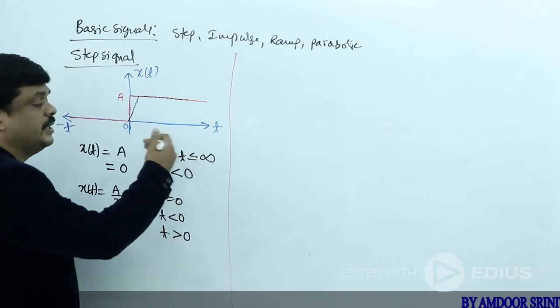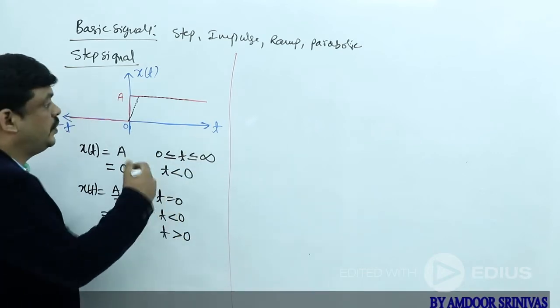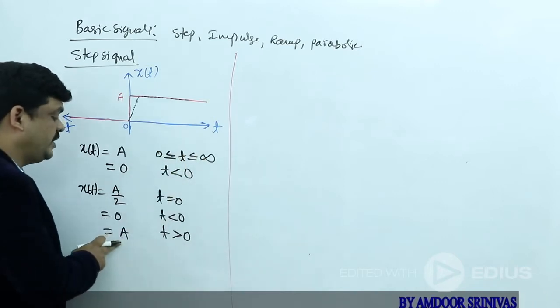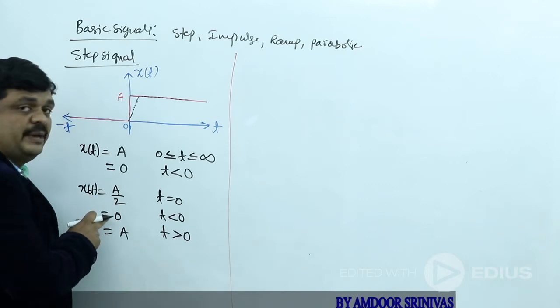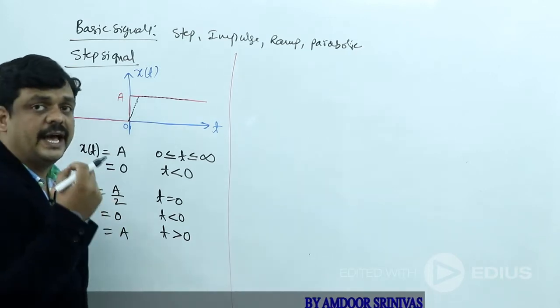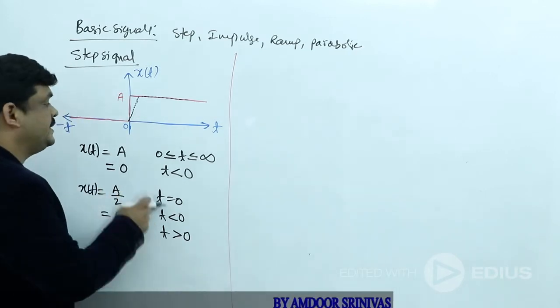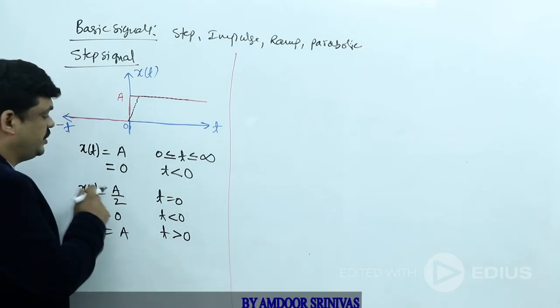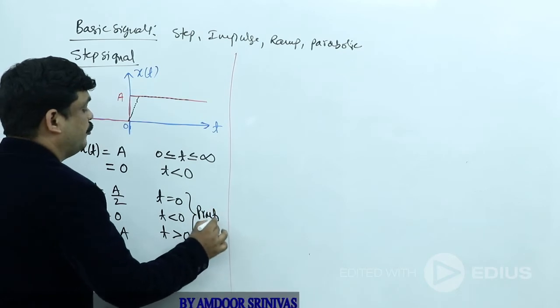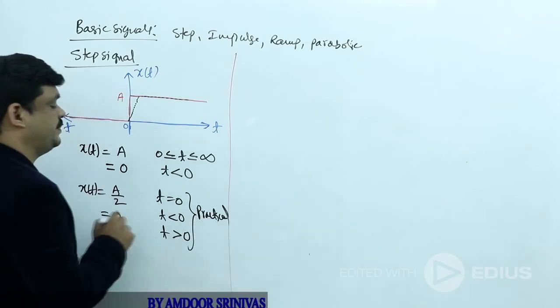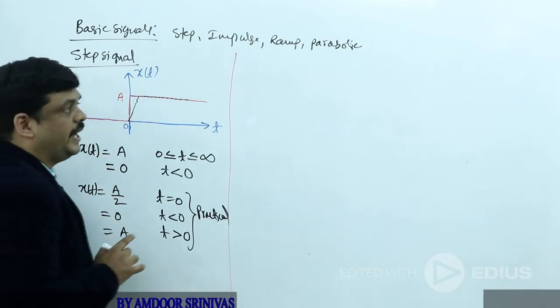Greater than 0 means 0 plus onwards. So 0 plus onwards the amplitude is A, exactly at time equal to 0 the amplitude is A by 2, and for t less than 0 the complete amplitude is 0. So this gives the practical functional representation of the step signal, and the earlier one explains the ideal definition.